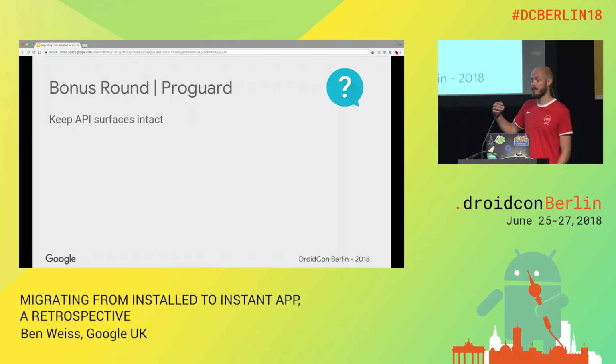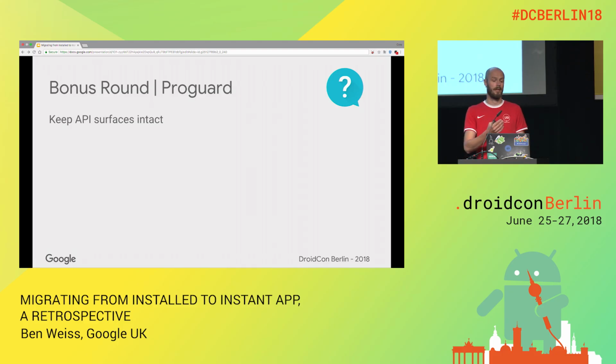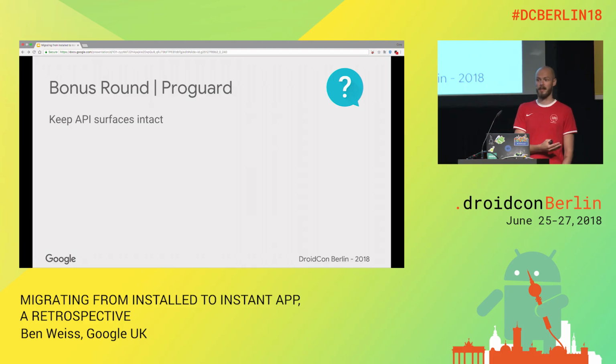So make sure that your API services are kept, because if you obfuscate the classes and methods that you're calling from a different module, the module doesn't know that it should work, and you will get crashes at runtime. You have to have all your API services in base, and they have to be kept by ProGuard rules.